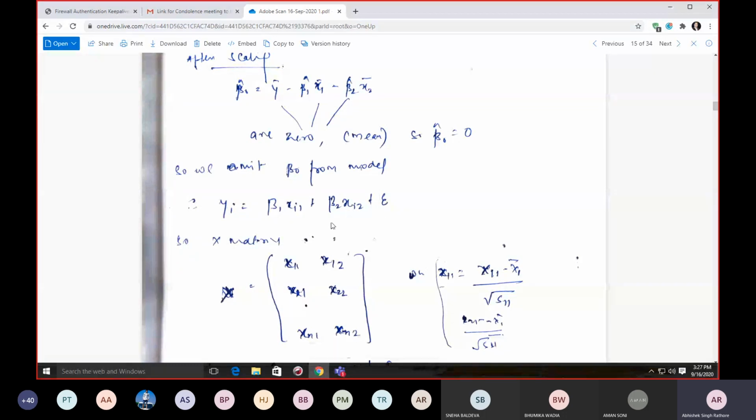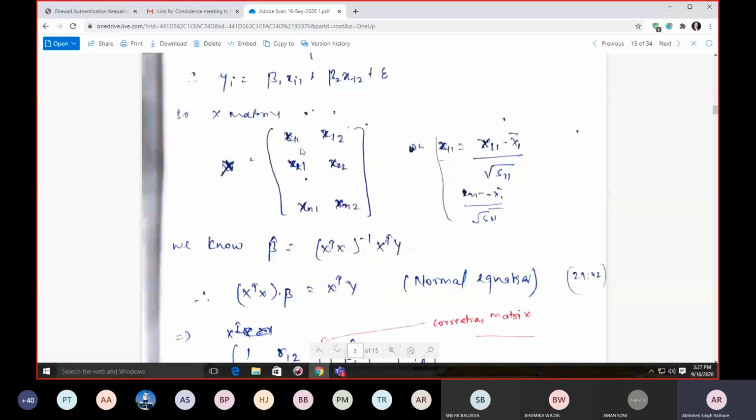So my matrix converges to x11 x12, x21 x22, up to xn1 xn2. Instead, what we can have is that we will remove this column of ones over here, because we apply our scaling method and remove all those constant ones. Now again, what is this x1? This is my small x1.